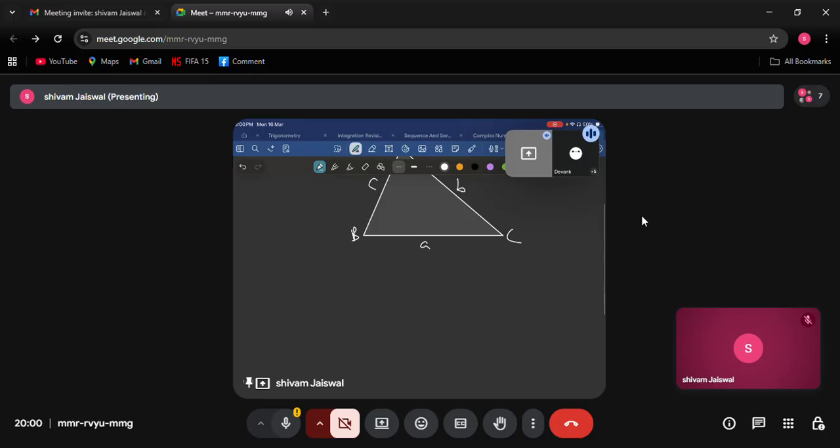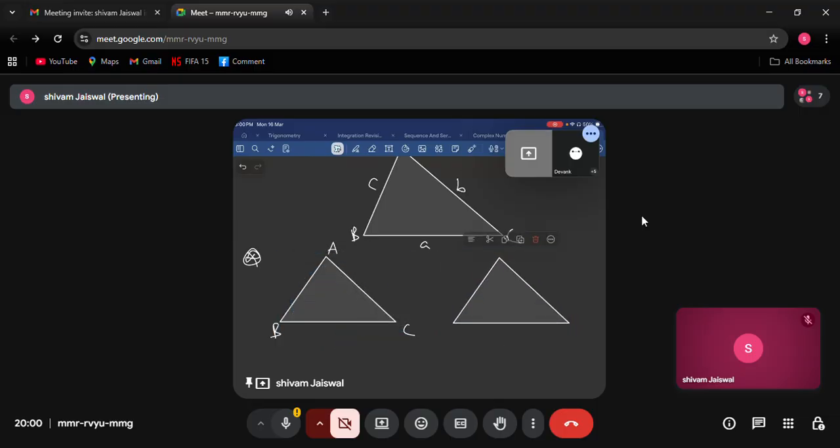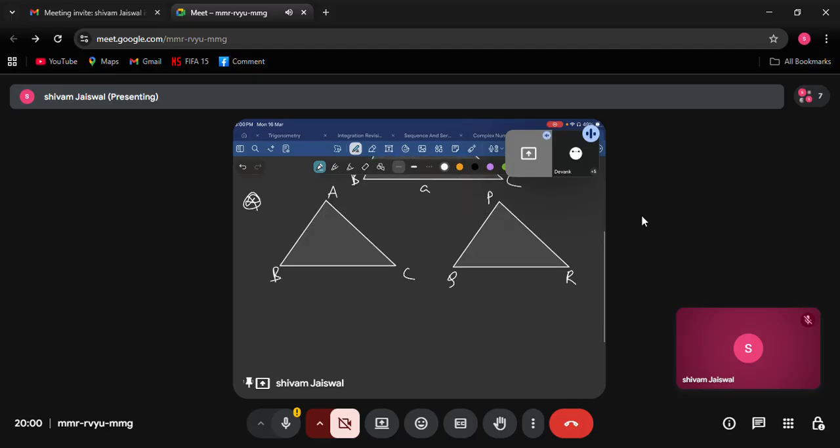Okay, next. Everyone remember congruency? Everyone remember all the criteria of congruency of triangles? Congruency means just cut, copy, paste. Triangle PQR is the copy of triangle ABC.